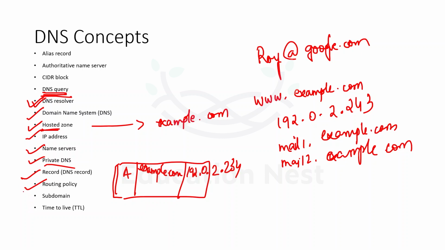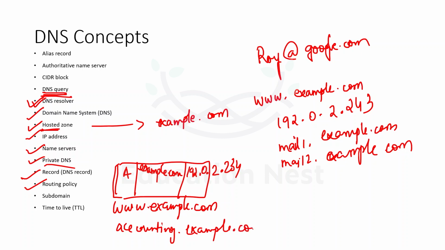Then we have subdomain. It is a domain name that has one or more labels prepended to the registered domain name. So if you have example.com as your domain name, then www.example.com is your subdomain. Another example can be if you create the hosted zone accounting.example.com.